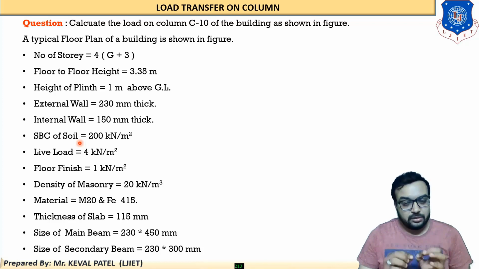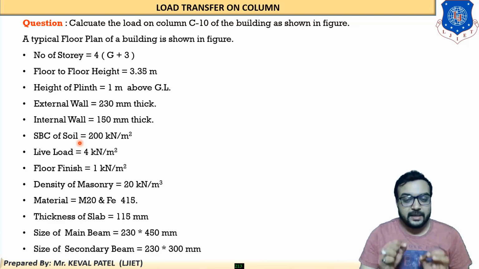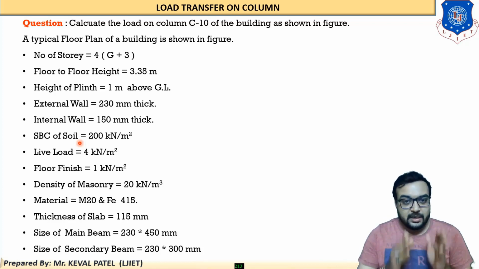The design of column is your homework exercise, because the design of column is already completed in your semester 6 of elementary structural design, in which the chapter is loaded column. So you have to make sure that you know how to transfer load from beam to column.